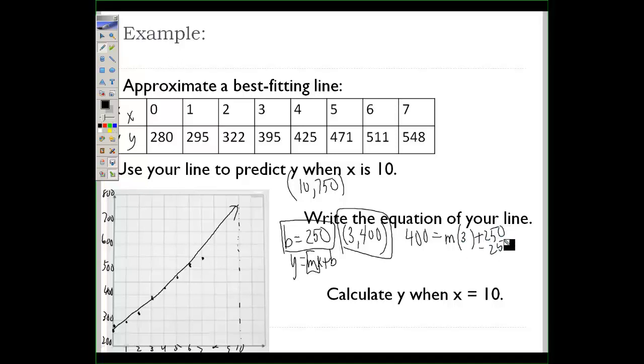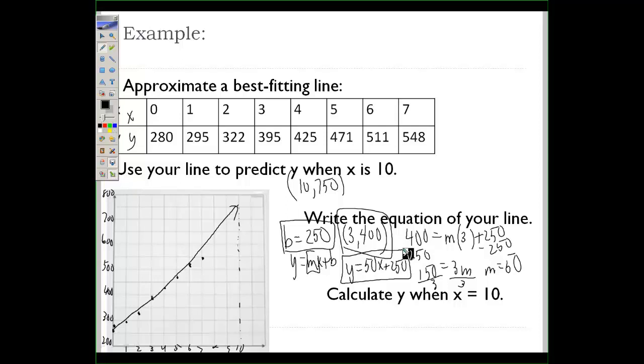So I'm going to subtract 250 from both sides. 150 equals 3m, and divide by 3. m equals 50. That's my slope. So if I wanted to write the equation of a line in y equals mx plus b form, I could say y equals 50x plus 250. And this would be my equation of this line.